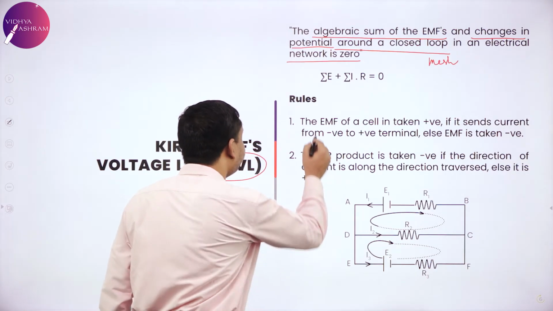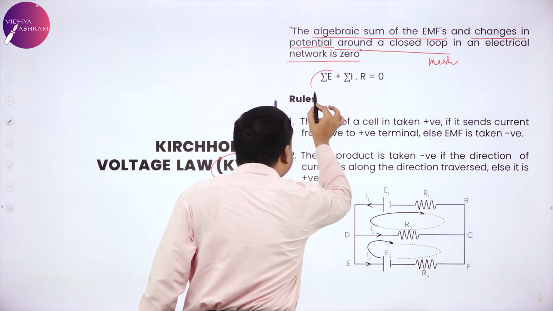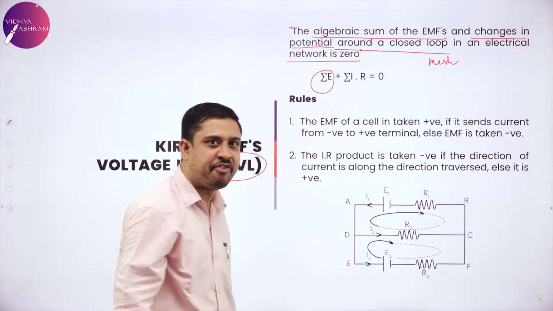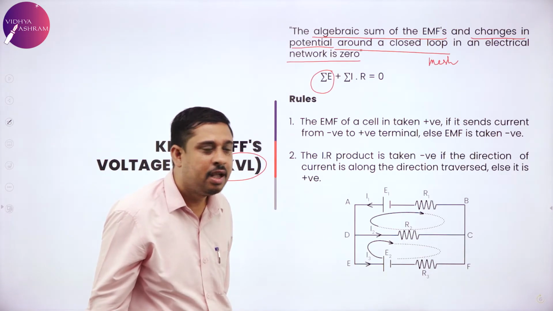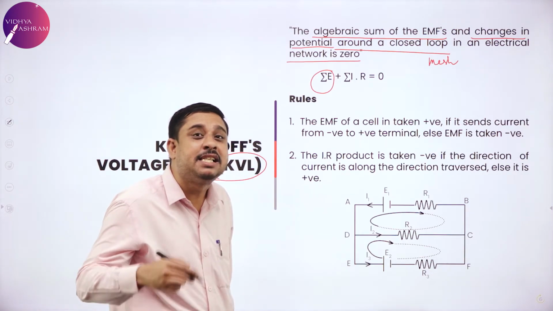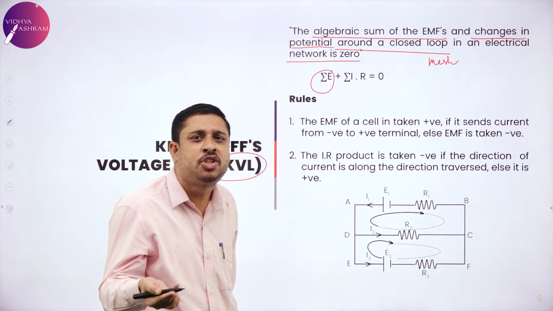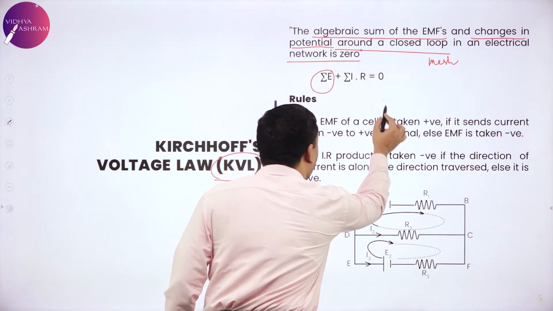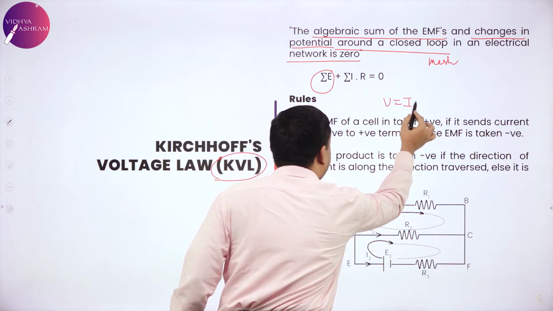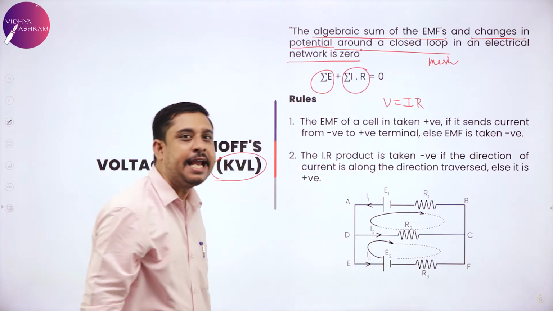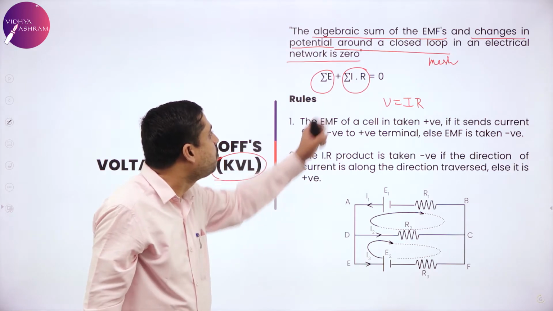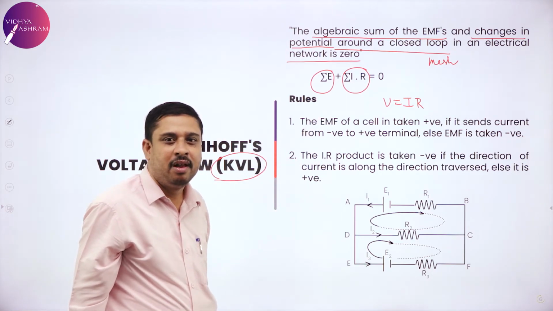Therefore, I know algebraic sum of EMF, summation E, EMF, and changes in potential, potential V from Ohm's law is nothing but I into R. So, this is summation I into R should be equal to 0.